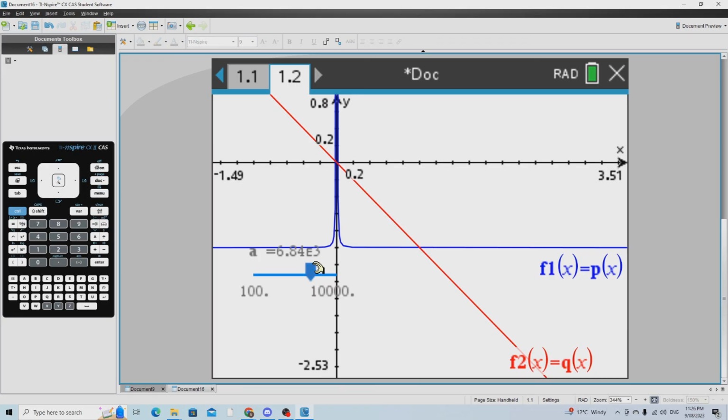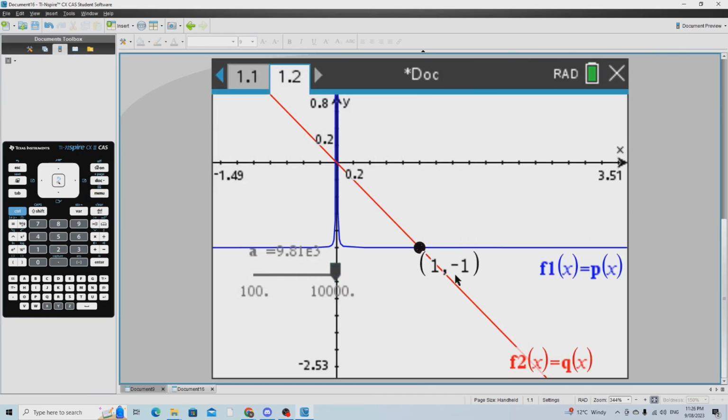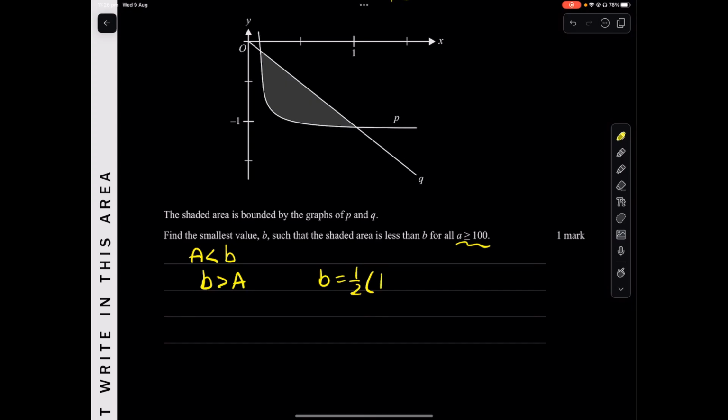So B is half base times height. The intersection of these two gives 1, -1, so it's half. Your B value is half.